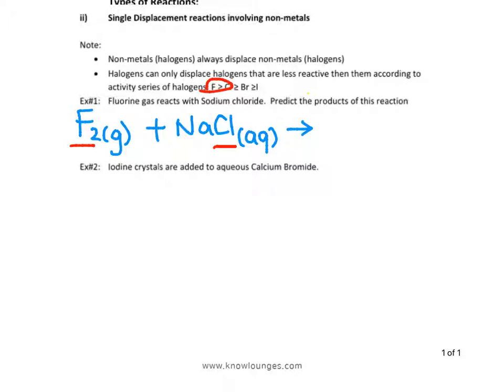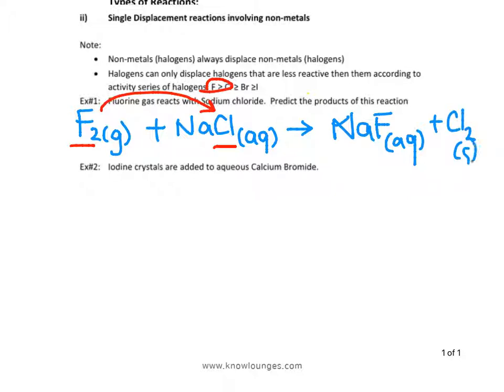Fluorine is the more reactive of the two, therefore it is able to bounce chlorine off so that I end up producing sodium fluoride, which will be aqueous, plus chlorine, and that's my gas. At this point, of course, I can go back and balance it. So just add a couple of 2's here.